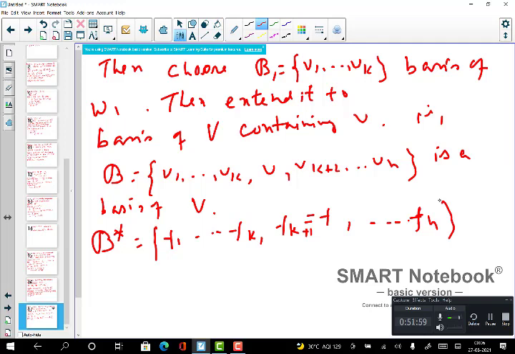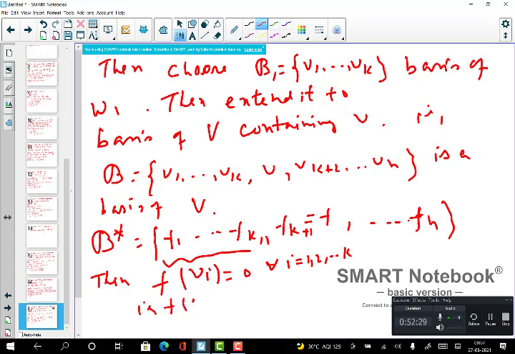Now what happened in this case? You know that f1, f2, ..., fk, and also those after fk+1, annihilate this, right? So f of vi is equal to 0 for all i equal to 1 to k, that is f of w equals 0 for all w belonging to W1, right?